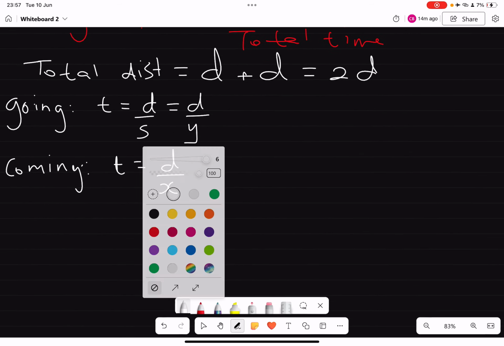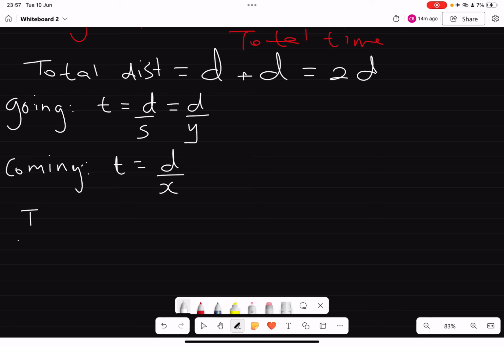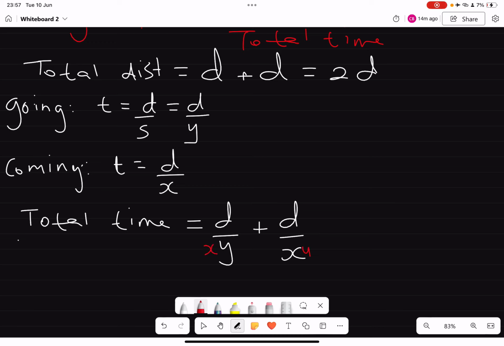Now the total time will be d over y plus d over x, which we need to do the LCD for, and we can see that our LCD is xy. So here I need to have x, there I need to have y.